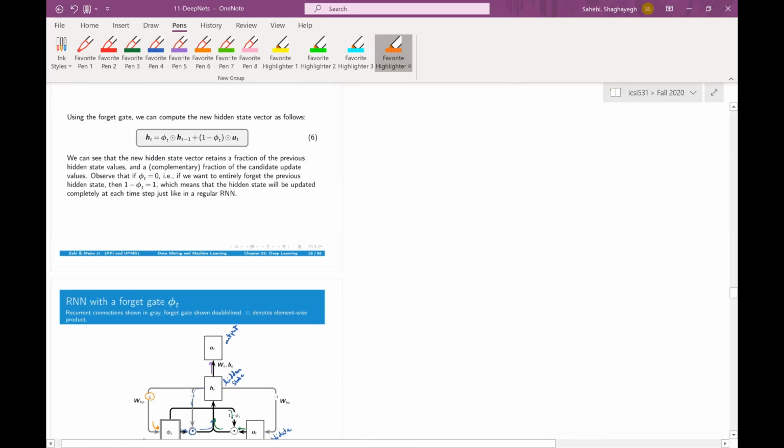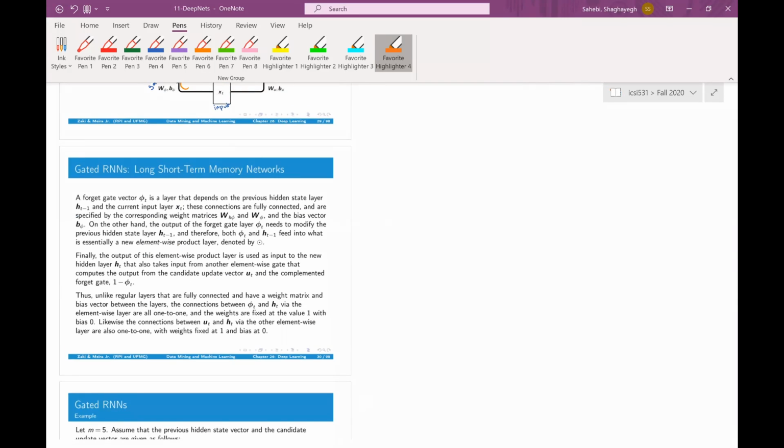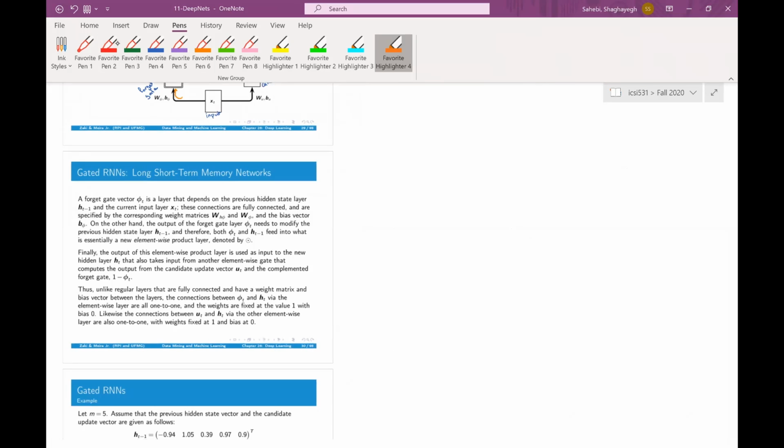So LSTM, in addition to the forget gate, has two other gates. So LSTM has three kinds of gate layers.